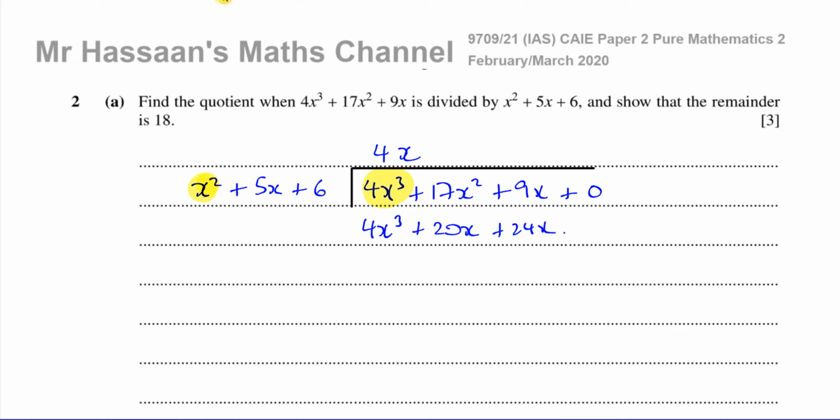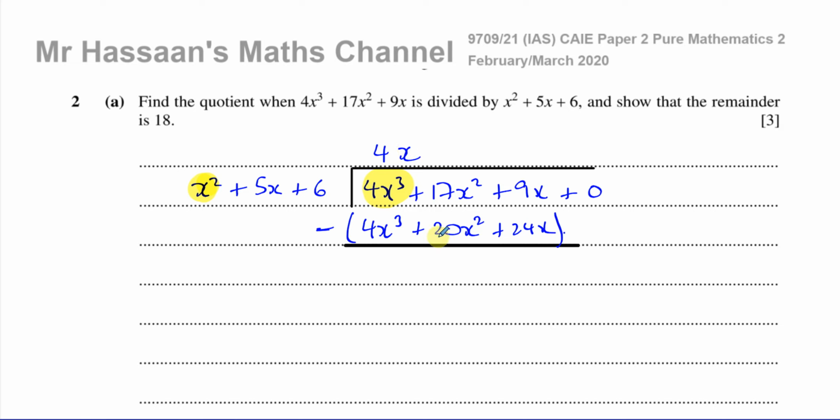And then I'm going to subtract this line, and I always like to write a bracket and minus here, just so I don't mess up, especially with the minus signs. Here they're all positive, so it's not a big deal. Now we've got to subtract these two lines. So 4x cubed minus 4x cubed is 0, as it should be. 4x times 5x is plus 20x squared.